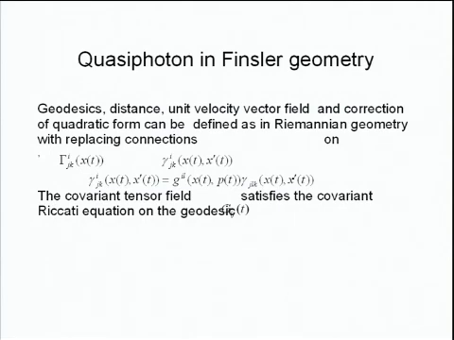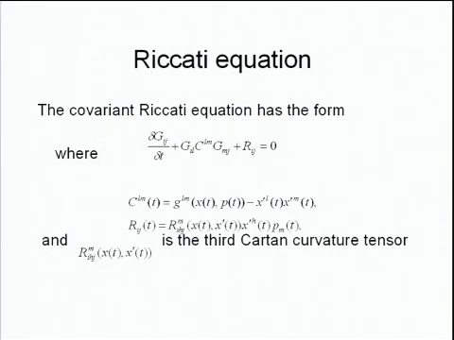What will be in Finsler geometry? In Finsler geometry, in fact, for the quasi-photon this does not change too much. Practically the same. We obtain the same type of equation. Only we have to replace the covariant derivative, because in Finsler geometry there is a so-called delta derivative, somewhat different. This is a really covariant equation for Finsler geometry.